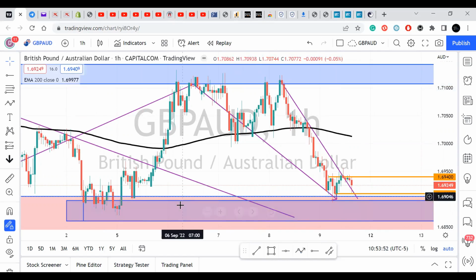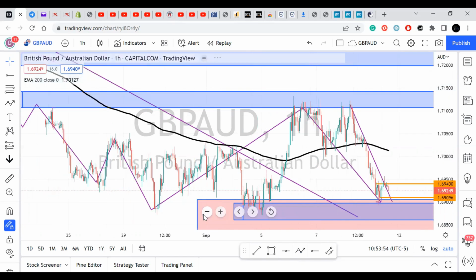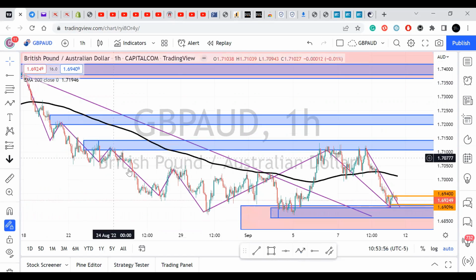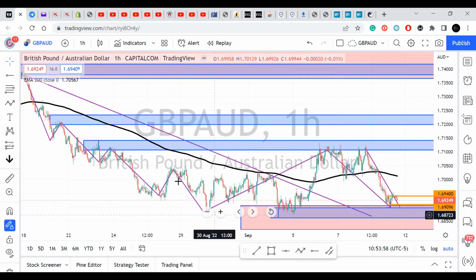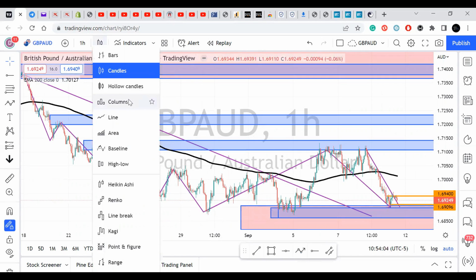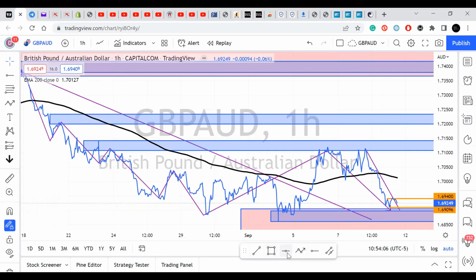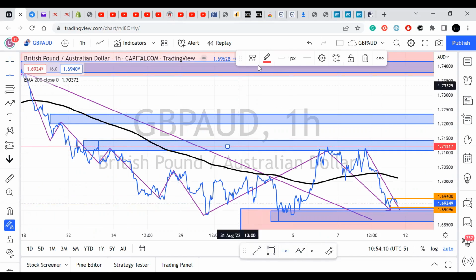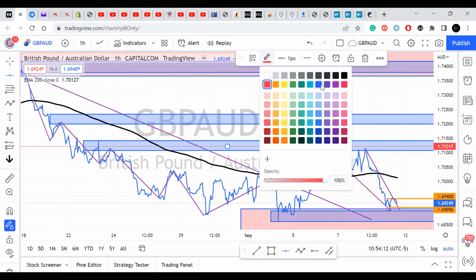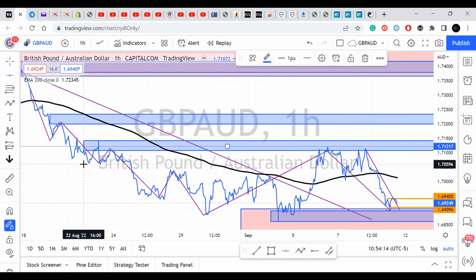Then for the TPs, at least for Monday, let's say we're going to buy, the TP will be this high here, this area, and this area.